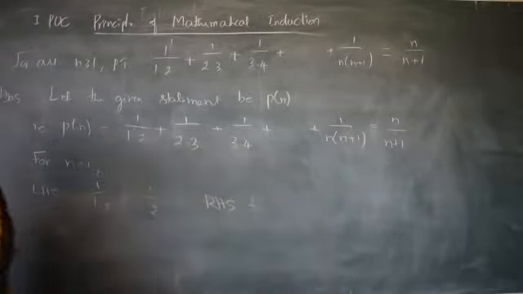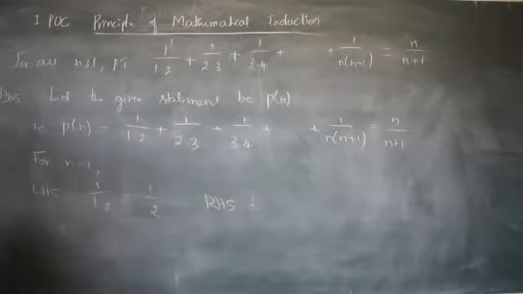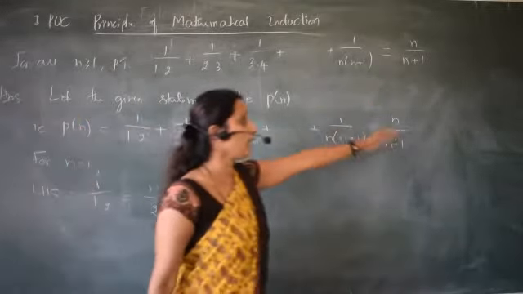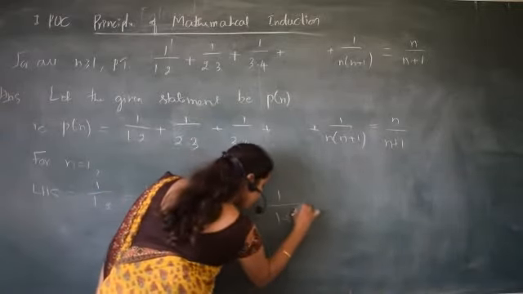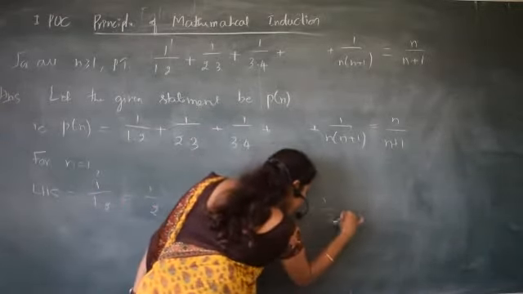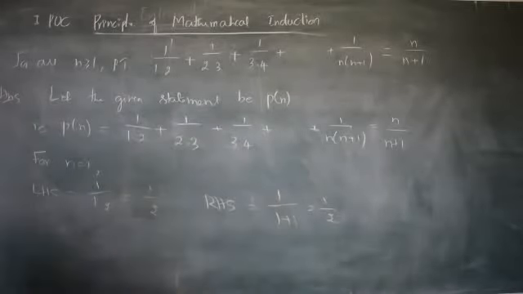What is the right hand side? We have to take n is equal to 1 in the right hand side. That means n by n plus 1, so if I take n is equal to 1, we get 1 by 1 plus 1 is 1 by 2. Therefore, what is the conclusion we can make here?